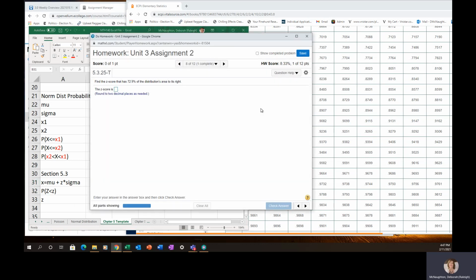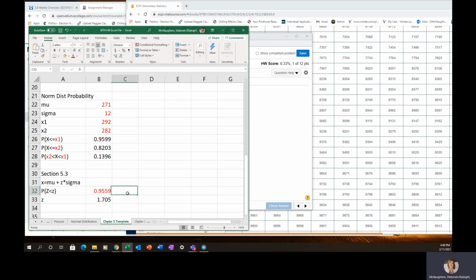All right, next question. Find the Z-score that has 72.9% of the distribution's area to its right. To its right. So remember, this gives me the area to the left.